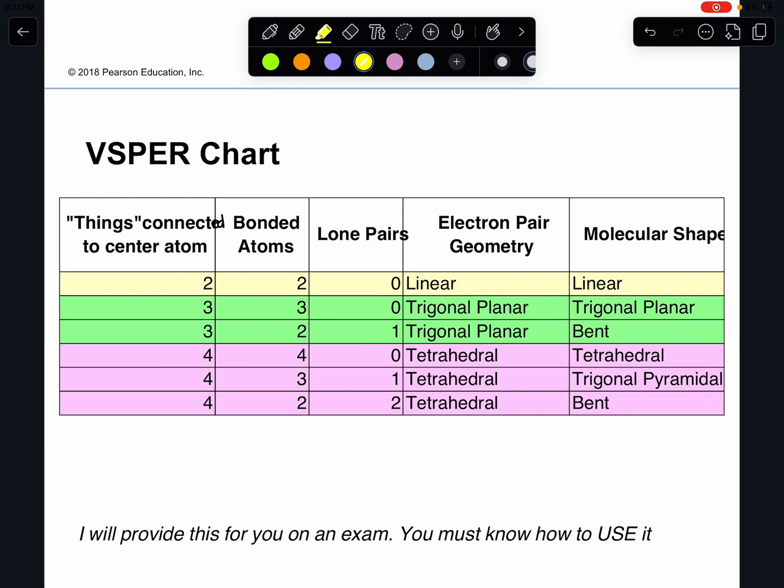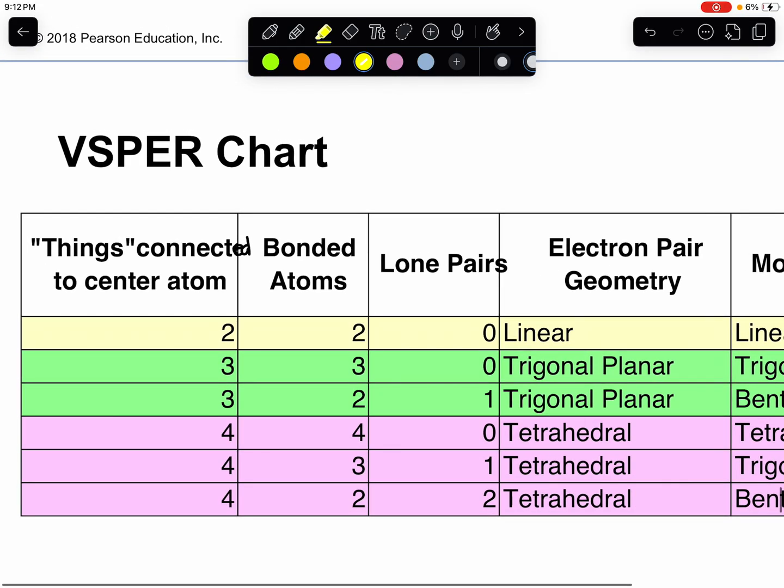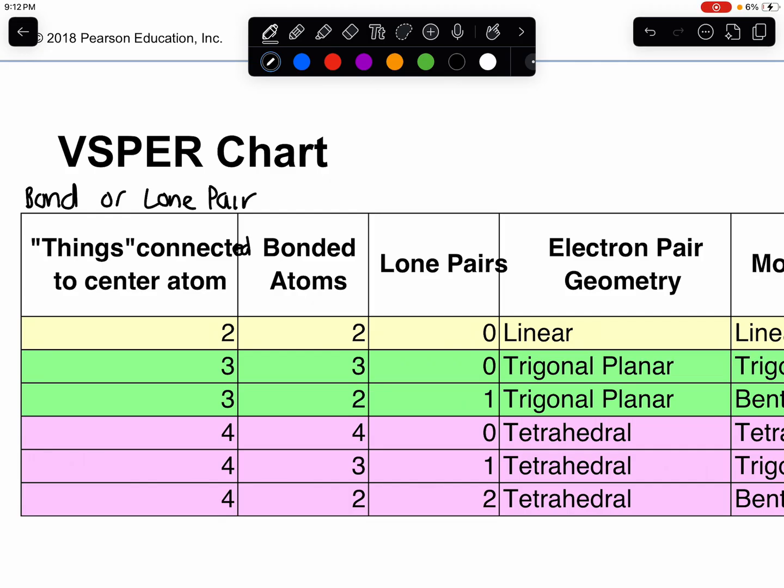So you are going to be very reliant on this chart, so let's just talk about what this chart really means. There are things connected to a center atom. And when I say things, I know this is kind of a fancy word here, but things could mean a bond or a lone pair. And of course, I'll demonstrate what that means. So it's how many things are attached.